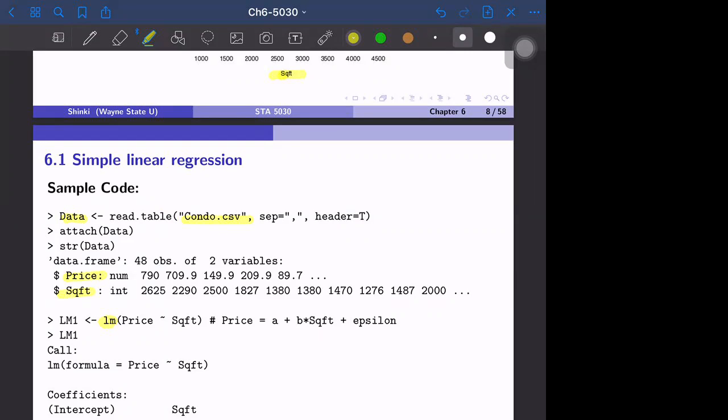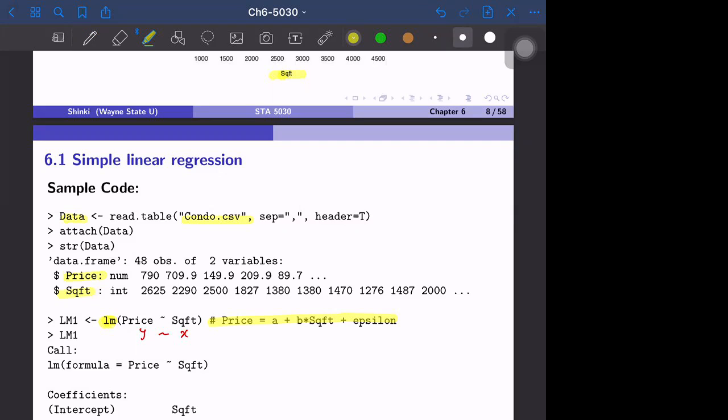Square footage is given as an integer, but anyway, both are numeric. And lm, y tilde x is the format, so linear model, the price on square footage. This means the price is a plus b times square footage plus error epsilon.